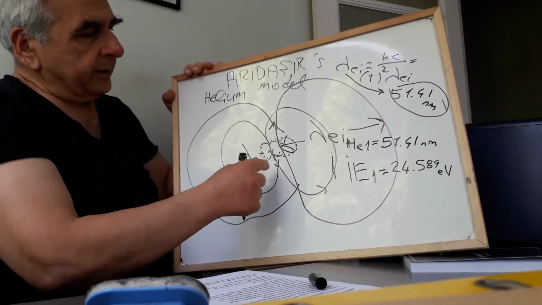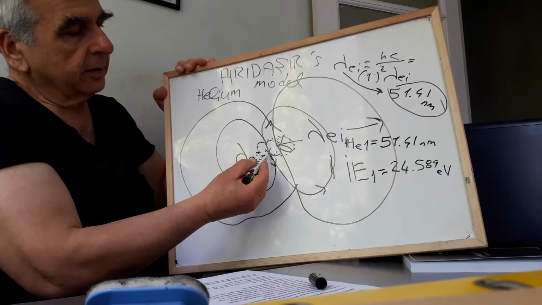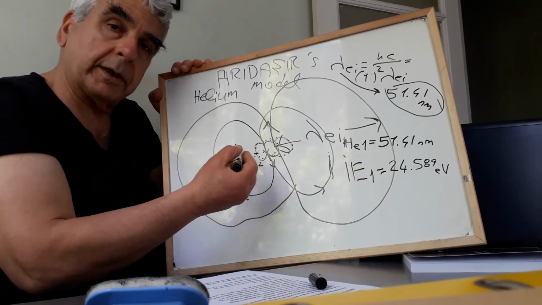For smaller electron, here, remember, first proton bounded, first proton tied.